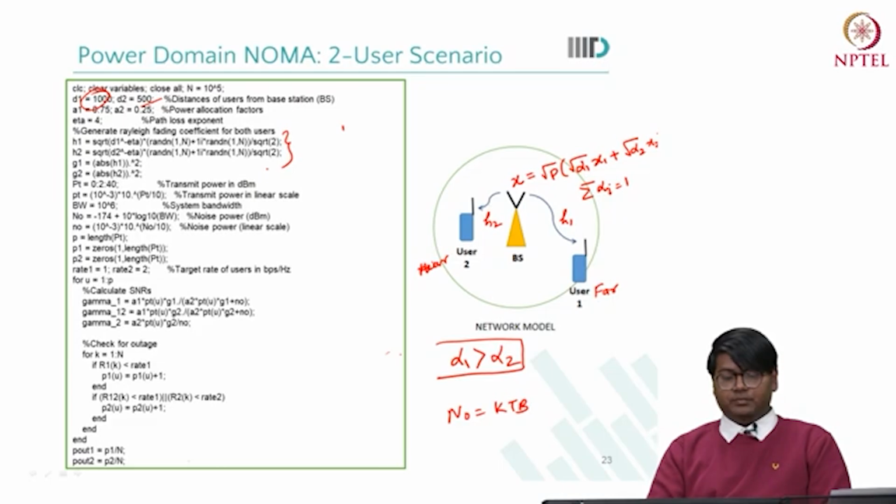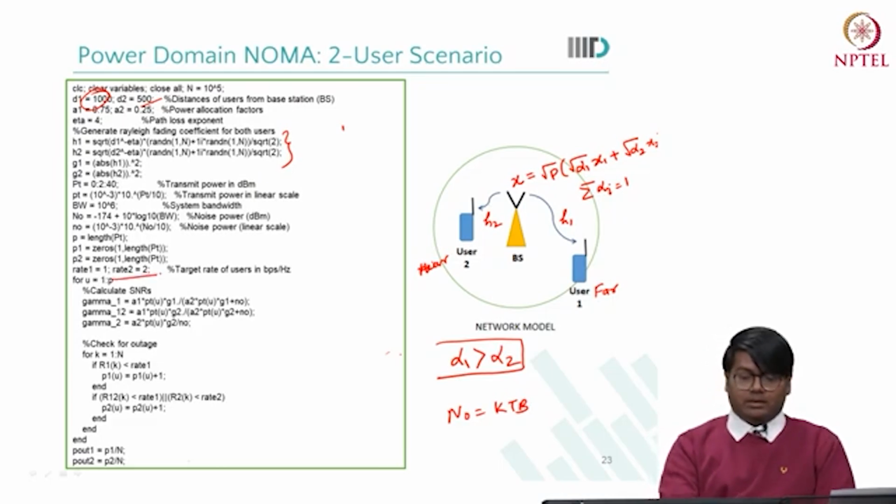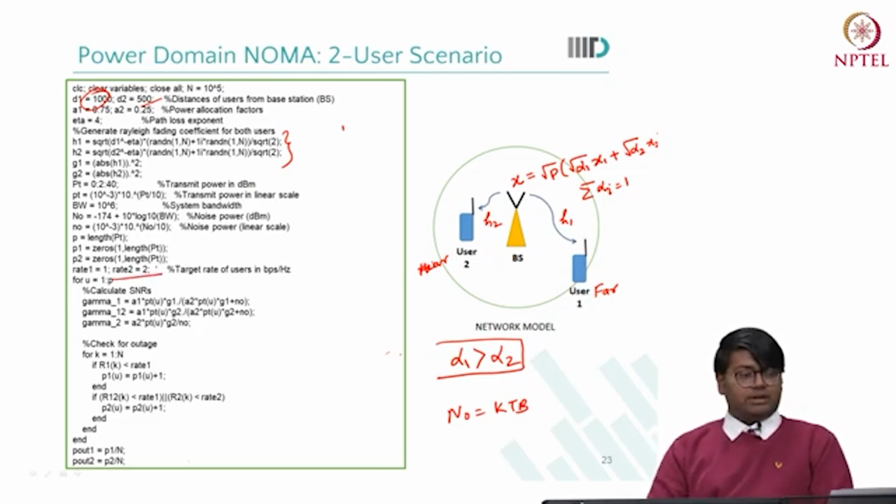Now, we count the number of times the values are calculated. We calculate the SNRs using these MATLAB commands. Once these SNRs are computed, we can easily calculate the rate associated with these SNRs. So this is for user 1 SNR.